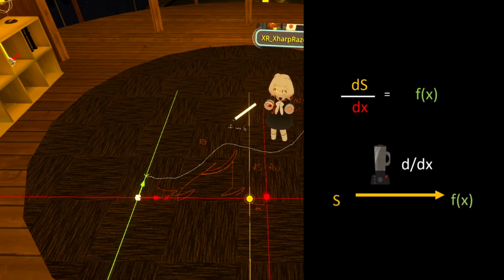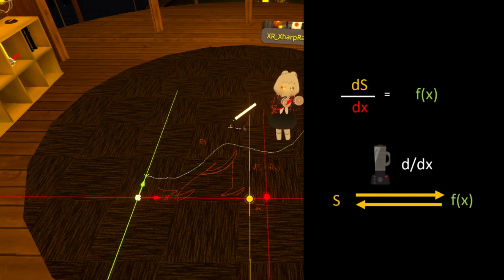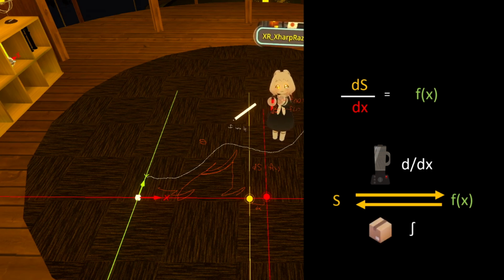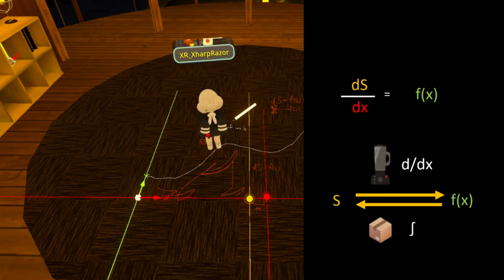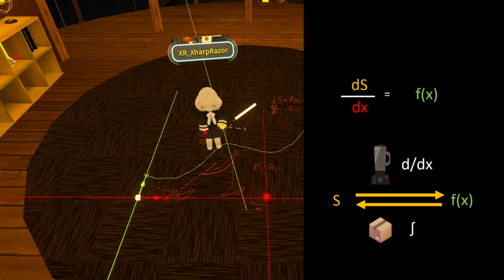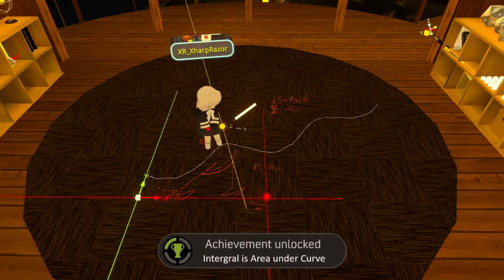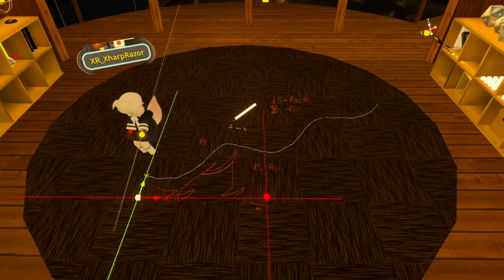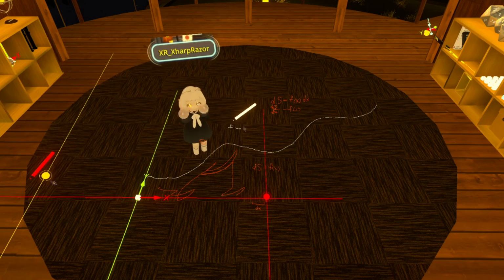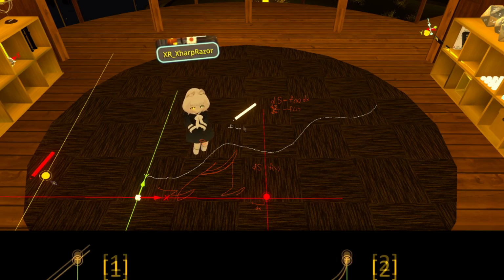So s get differentiated, you get f of x. What's the other way around? F of x get integrated, you get s. And this is why when you take the integral of a curved function or whatsoever, you will get the area underneath it. Finally, all these years, I hope this helps. Feels good. There we have it.